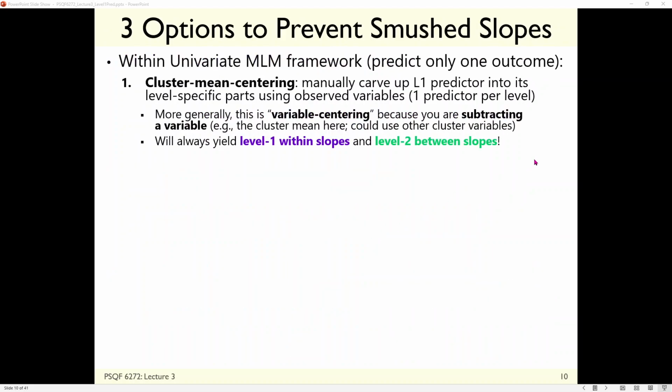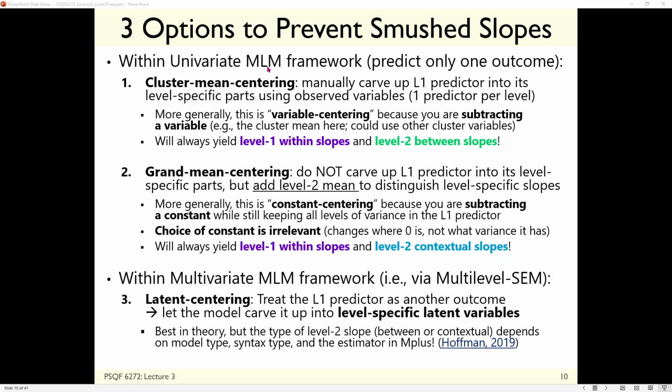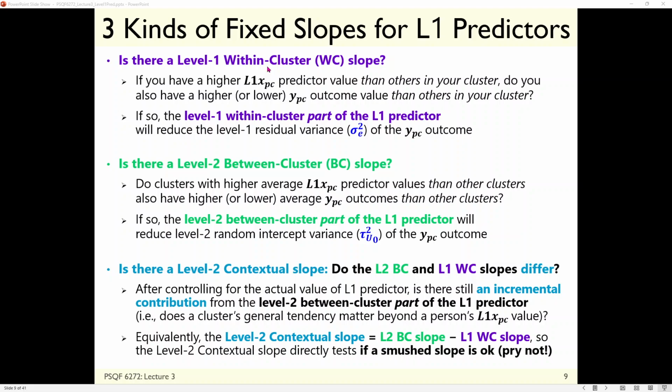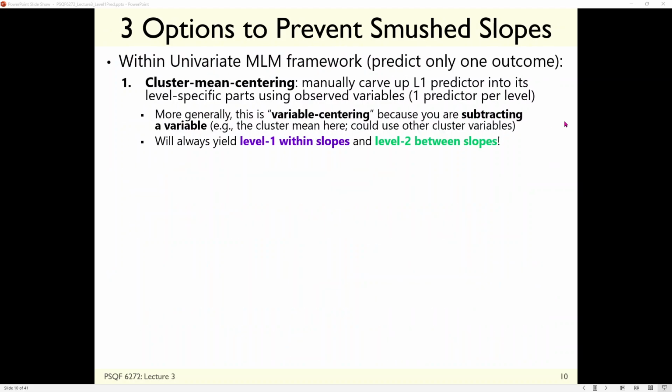But here are 3 options to prevent smushed slopes, to do it correctly. And I have them divided into what is possible in a univariate multi-level modeling framework versus multivariate. Now, what do I mean by that? In Stata mixed, in R lmer, you are predicting 1 column. Y, squiggle, model, right? That's what I mean by univariate, 1 column at a time.